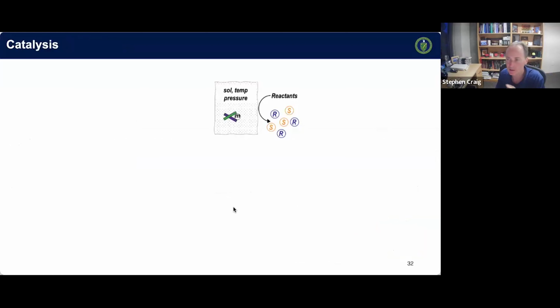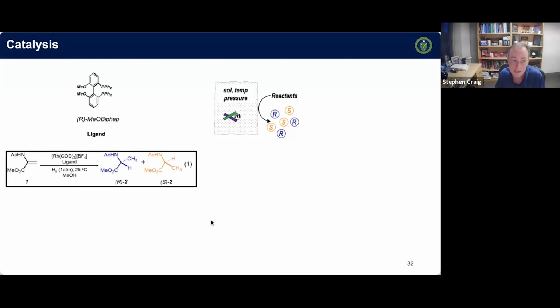There are a lot of catalytic reactions that will give you a mixture of products, for example, R and S stereoisomers and enantiomers. One example is the rhodium catalyzed hydrogenation of alkenes, which can be done in a stereoselective manner to give either of two mirror image chiral molecules.